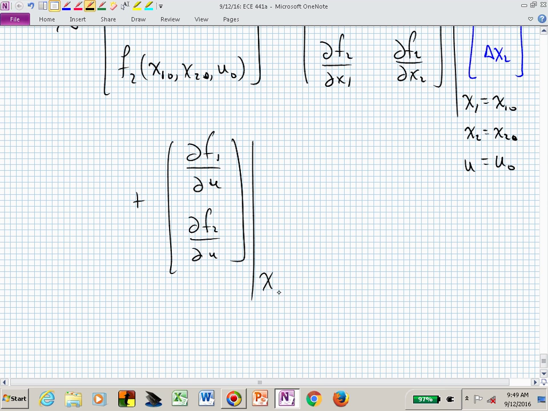Again, evaluating at the nominal values for x1, x2, and u, and scaling that by delta u. We're done. Now you can do a sixth order, piece of cake. And we'll pick up at that point on Wednesday, but this will be on the exam, so you will want to make sure that you do start to get a feel for how to do the mechanics of this linearization process.